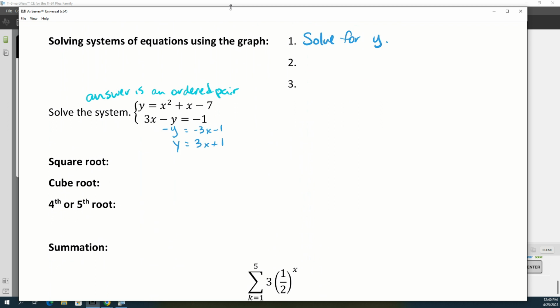Right? And so we're going to put into y1 and y2. So this one right here, I'm going to highlight it. That's going to be y1. And this last one we solve for y, that's going to be y2.